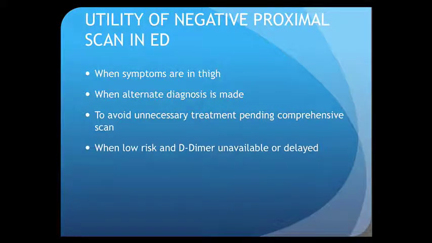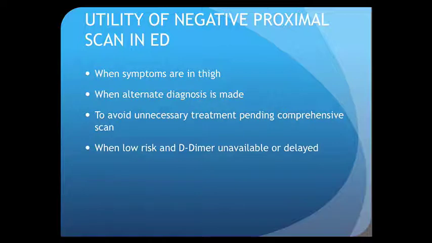Nevertheless, there are still, I think, many cases where a proximal leg scan is very useful. First of all, if it's positive, it tells you the patient needs treatment. But even if it's negative, then I think it still has utility.